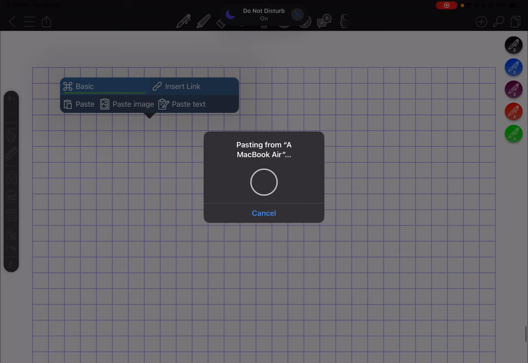Okay, it's a big image, I guess. So these are my answers. I'm going to check them while this other image is pasting.